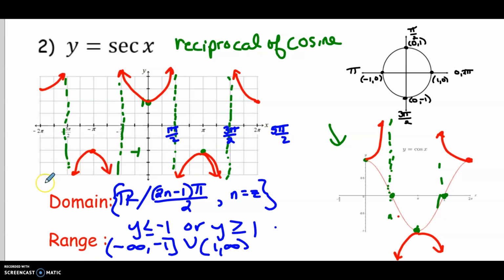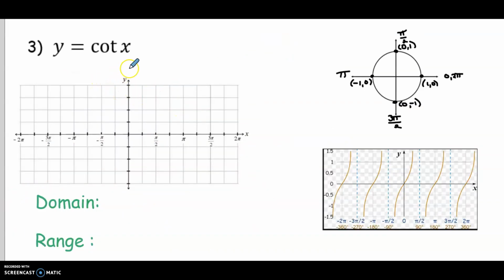All right, so our last graph that we're going to look at is the cotangent graph, which is the reciprocal of your tan graph, of your tan of theta function. So we know cotangent of theta is 1 over tan theta.